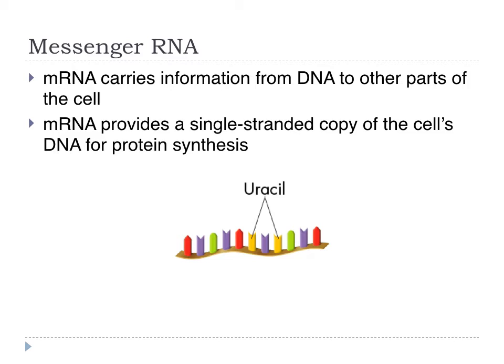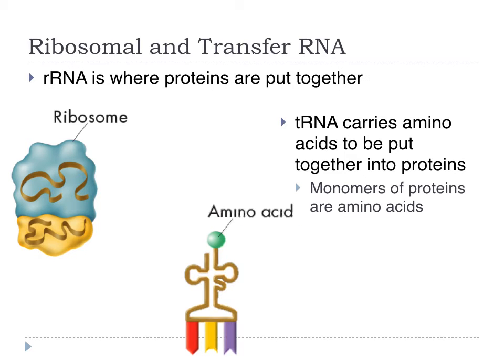That's a key point in figuring out what type of molecule it is. If it's a single strand and it has U's on that molecule, it is messenger RNA, or RNA. So then we have the ribosome where the proteins are put together, and then the transfer RNA is going to carry that amino acid.